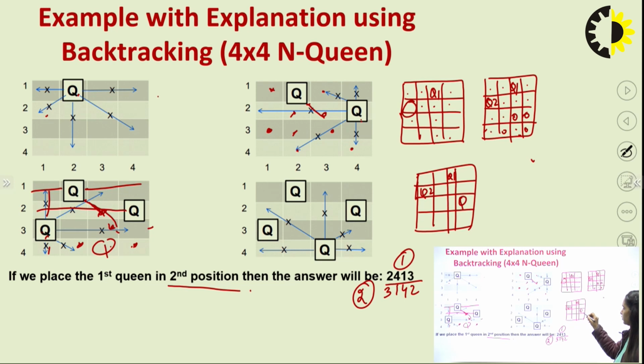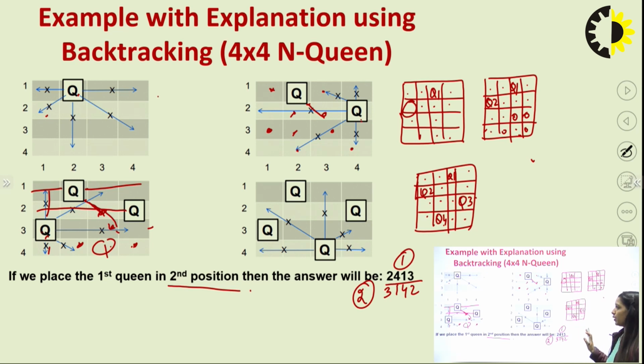If I opt for this one for q3, right, so I cannot put here, diagonally here, see, not in this place, not in this place, not this place. Now this place is vacant for q4. Now I can put q4 at this place. Means you can see I got the two solutions for the 4x4 queen problem.